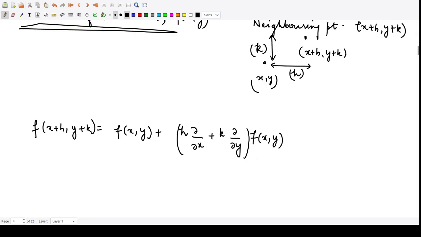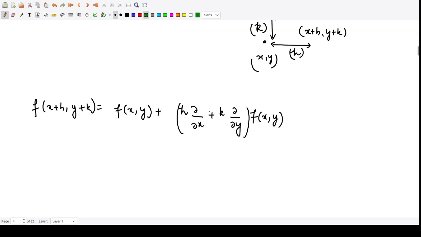So that means you can write this as, if you open it up, this is some operator. When you open this quantity, this would be h into del by del x of f of xy plus k into del by del y of f of xy. Okay, so this is how we solve this quantity. Fine. So we can separate this term and this term.